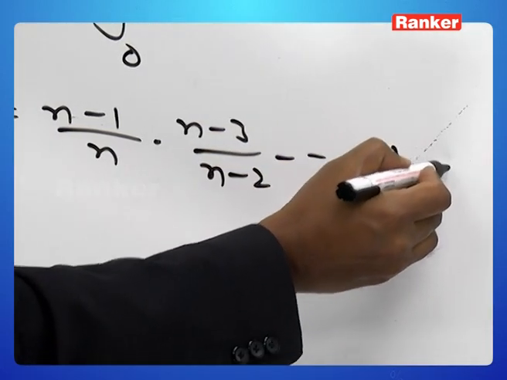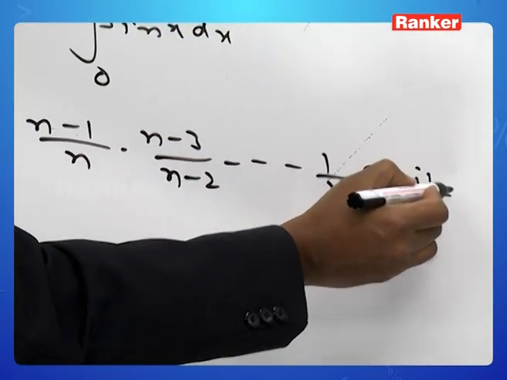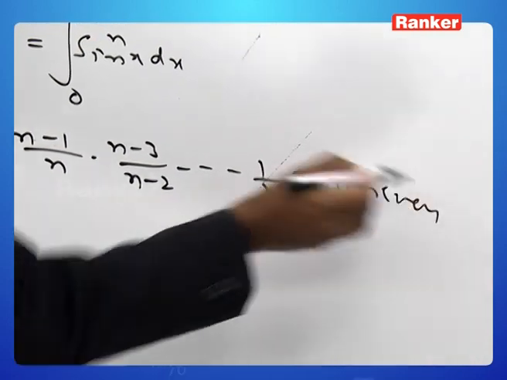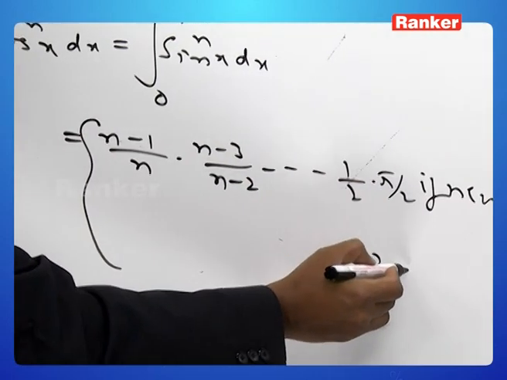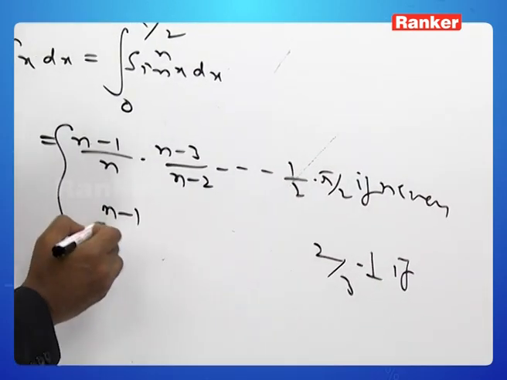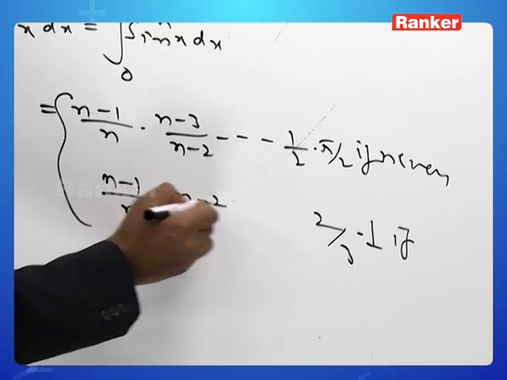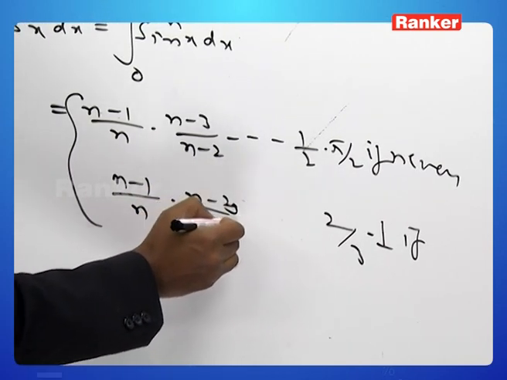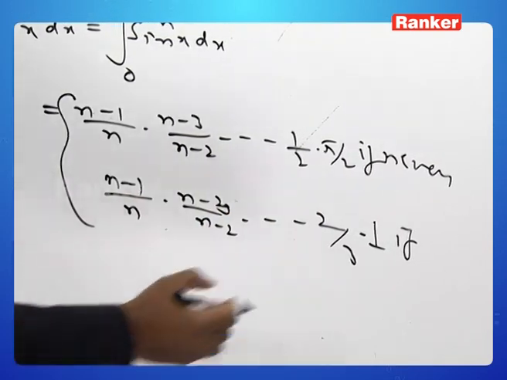It ends up with 1 by 2 into pi by 2 if n is even, and it ends with 2 by 3 into 1 if n is odd. The rest of the terms are the same.